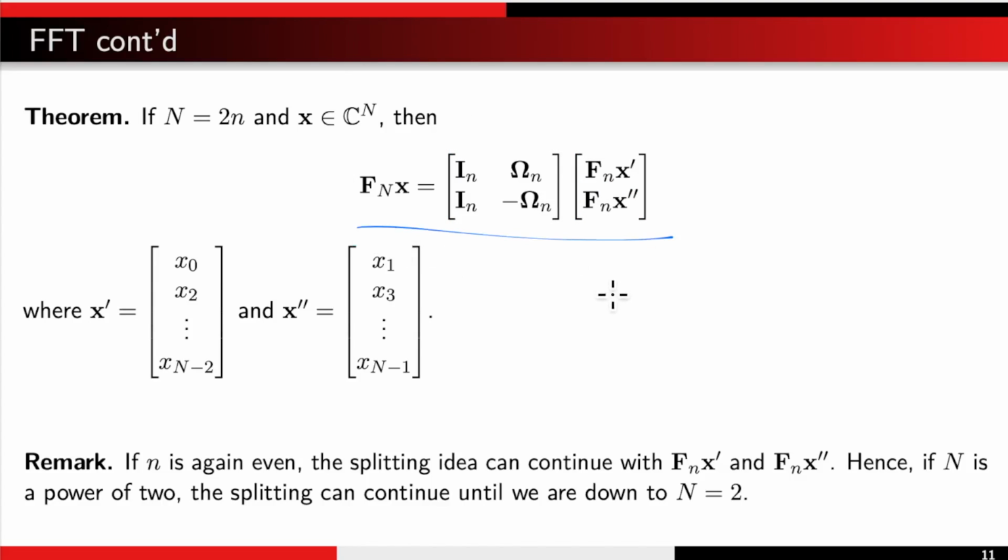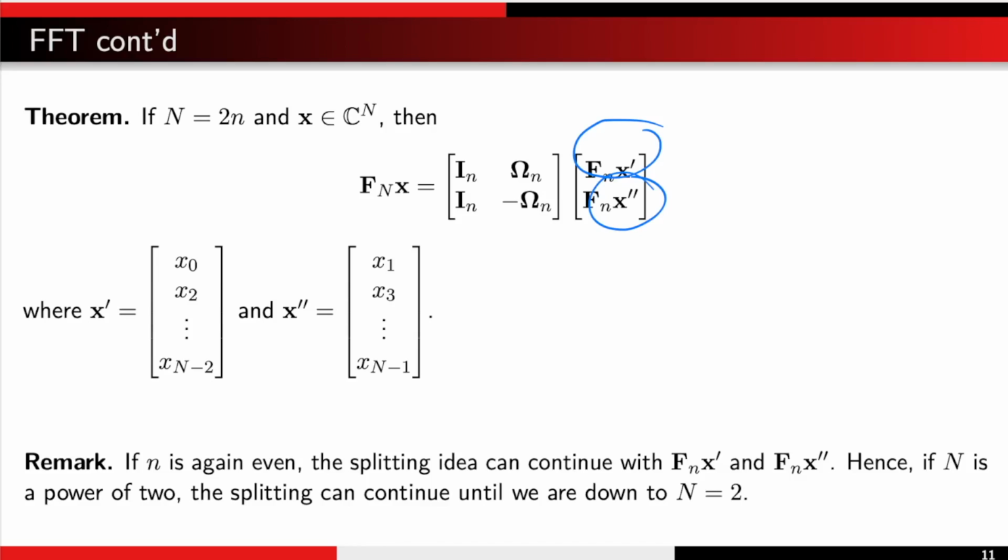So from this identity, if n is again even, we can continue this splitting idea with this and this. And if capital N is a power of 2, the splitting can continue until we're down to capital N equal to 2. And if you perform the analysis, the number of computations required will be order n log n, where the logarithm is taken base 2.